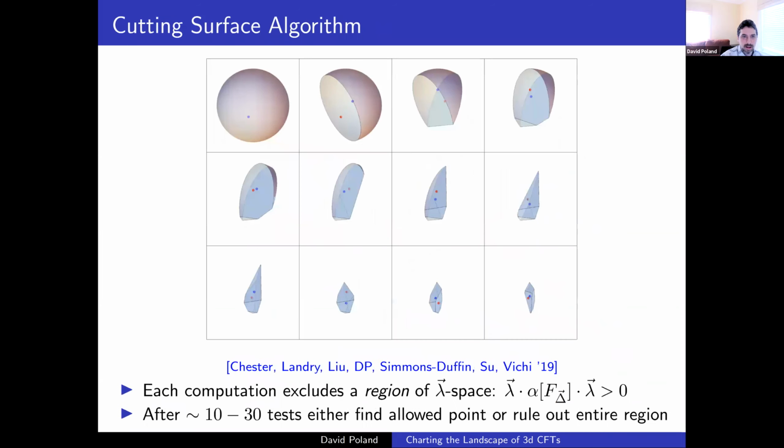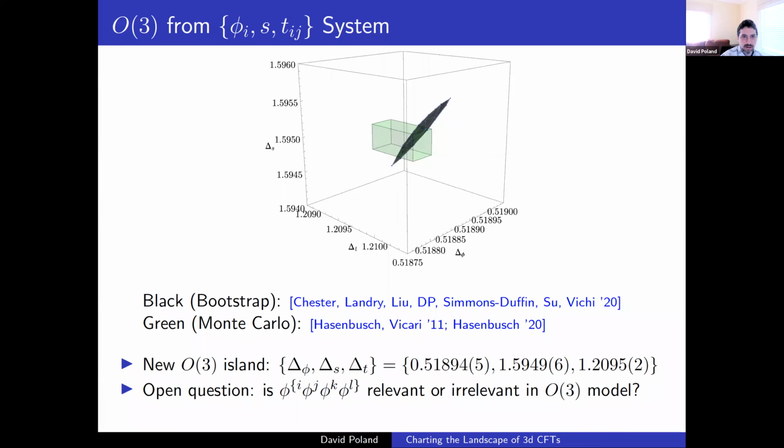Okay, so we've also applied these methods to the 3-dimensional O3 model. Basically the same setup. We looked at the system of 4-point functions involving the leading O3 vector, O3 singlet, and O3 symmetric tensor.